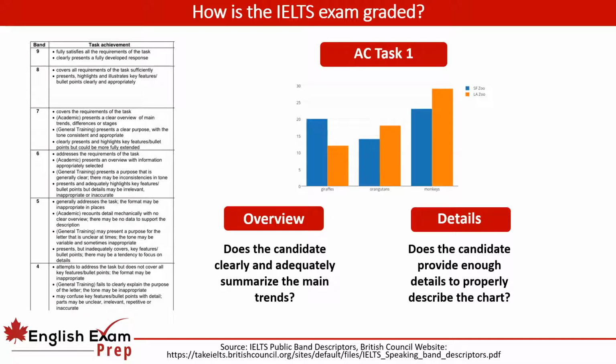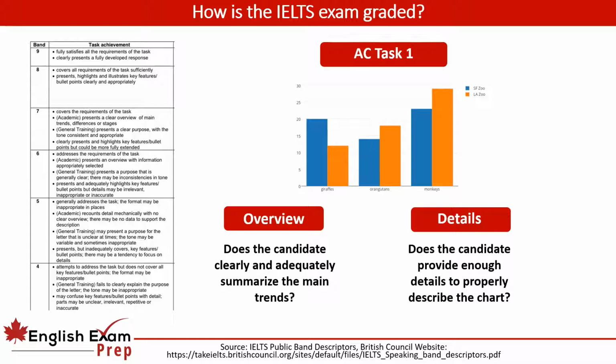If you put in details that aren't relevant, or extra details, or you talk about global warming or something that's not on the graph, then you're limited to a 6. A 7 is the minimum of what we're aiming for. If you get a 7 here and a 6 in grammar or lexical resource, that's fine. For people who need a 6.5, it evens out the lower score anyway.